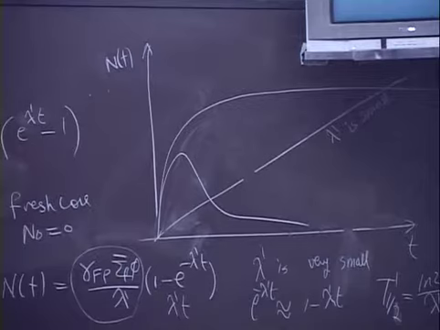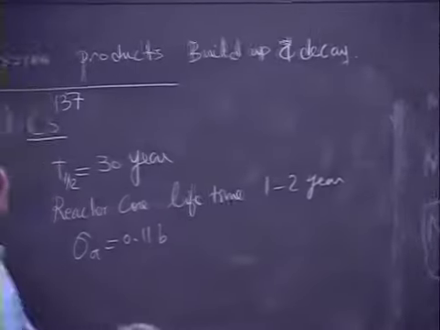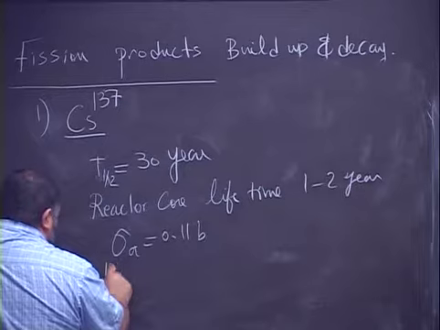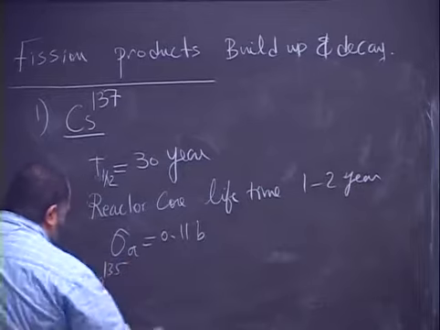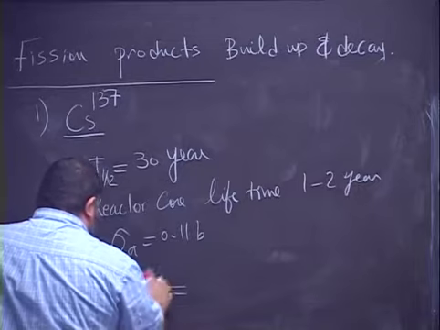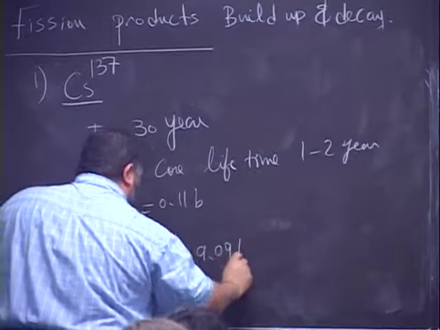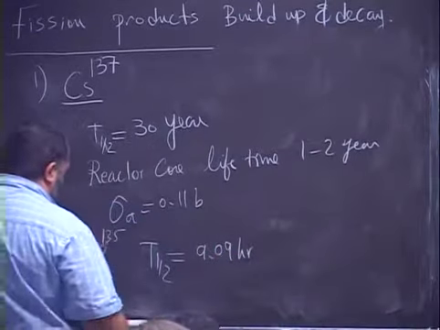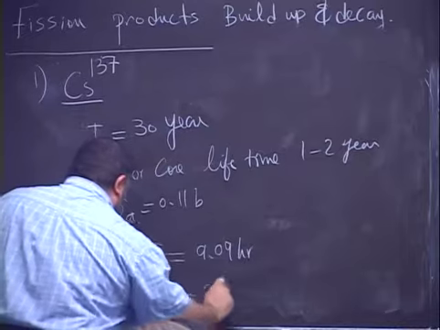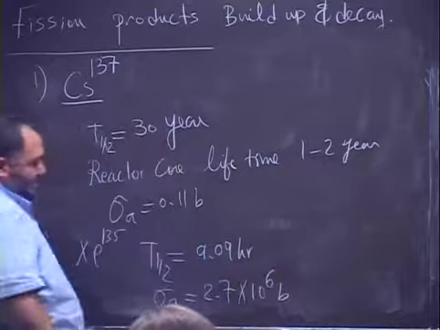So this is just the cesium. If you look at the case for xenon 135, which we'll study in more detail, T-half is 9.9 hours, and your sigma absorption is 2.7 times 10 to the power of 6 barn.